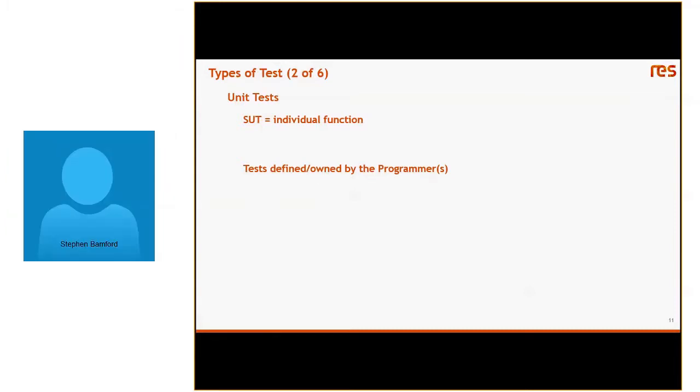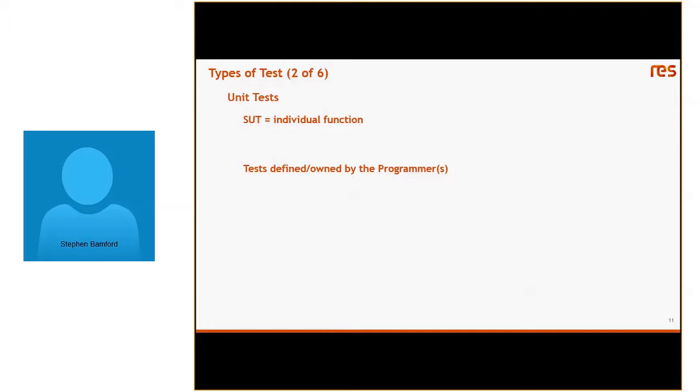And when we talk about the ownership of a test, we mean who has the permission to create them, alter them, or delete those tests. From a unit test point of view, that's the programmers. So if the programmer makes a change to the code, they have permission to change any of those unit tests.